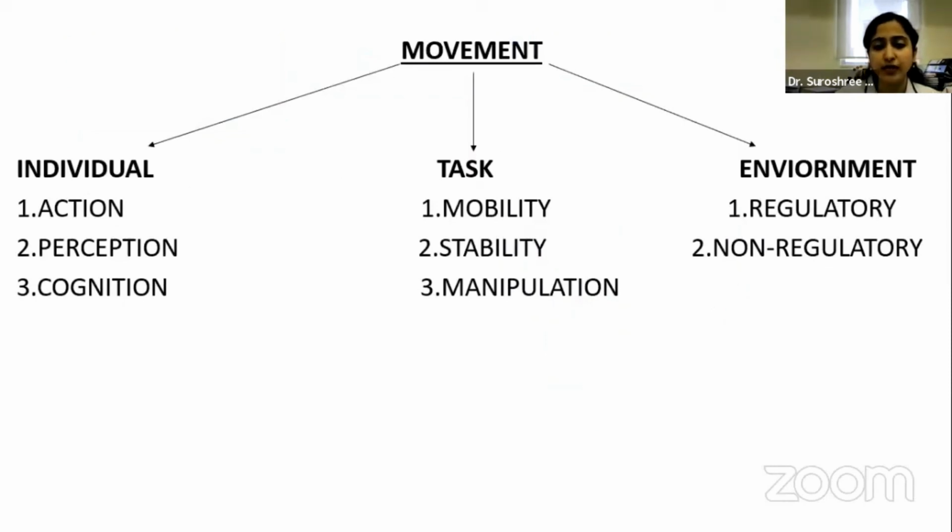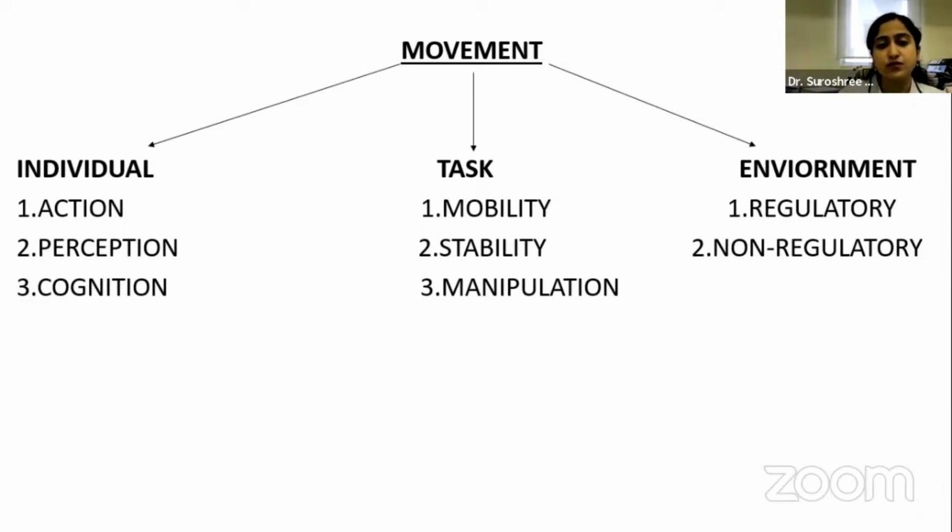Now coming to more details of the individual. In the individual, you have three factors: the action part, then you have the perception system, and your cognition system. The action system deals mainly with movement, so your motor component. So how is the motor component playing a role in emerging movement?